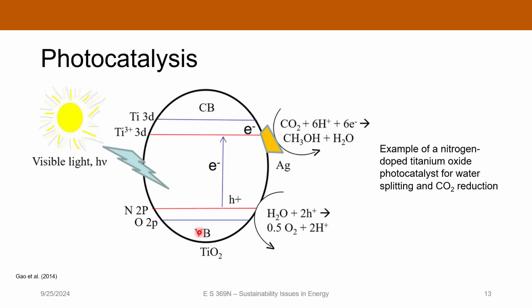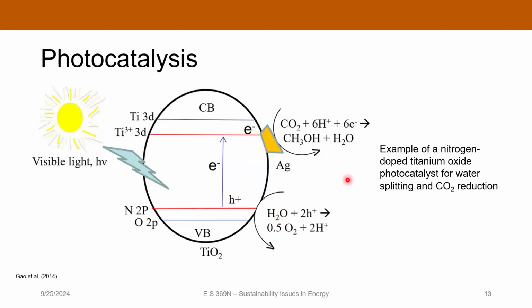So one way of doing this where you don't require electricity input is photocatalysis. And I think the interest in photocatalysis has risen and fallen over the years. There's certainly a lot of work going on right now on it. But the nice thing about photocatalysis is that it uses sunlight to provide the electrons necessary to split apart water, okay?